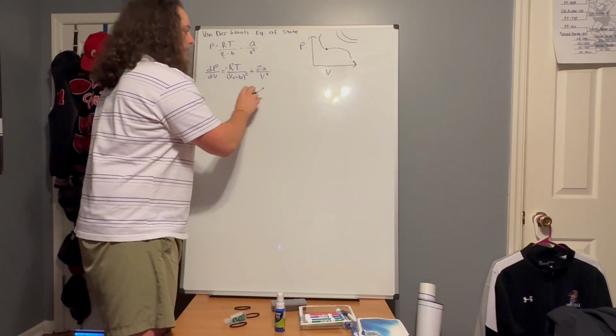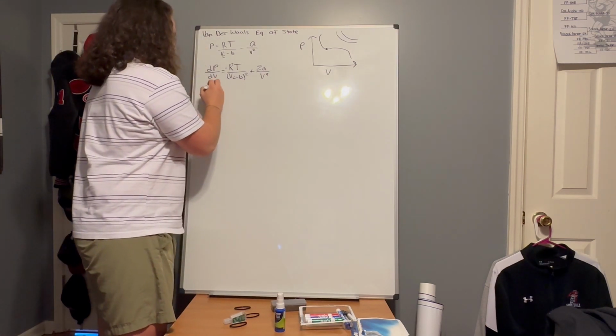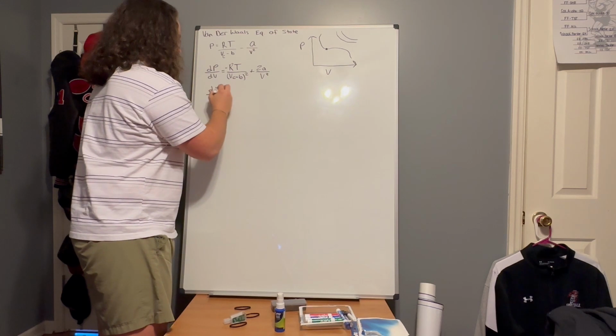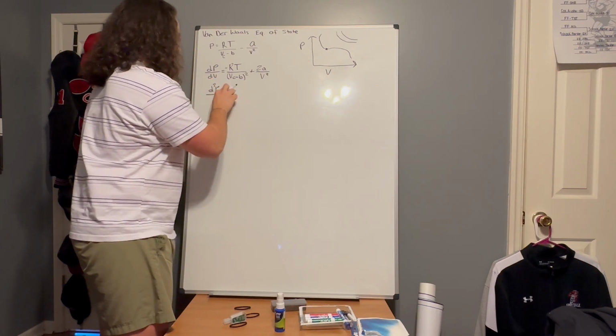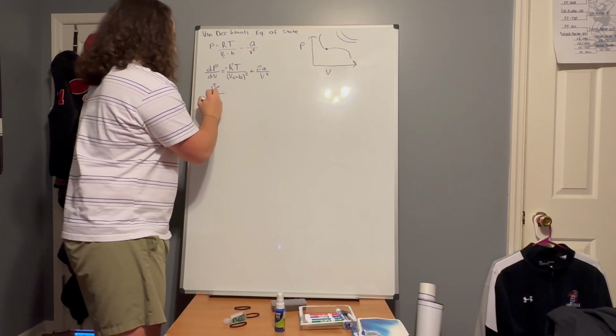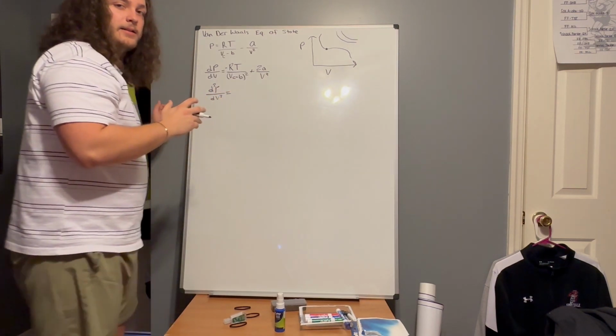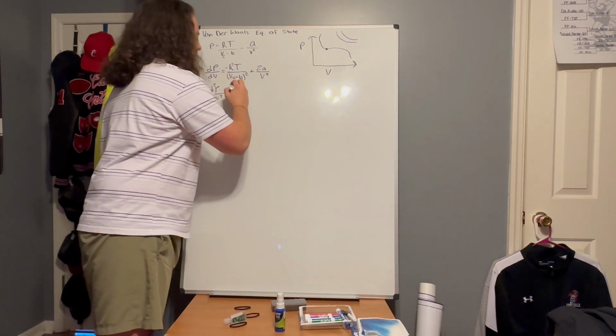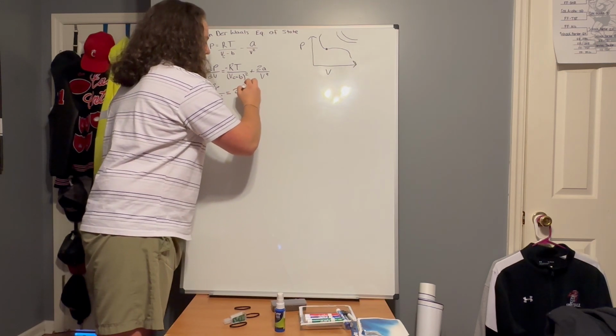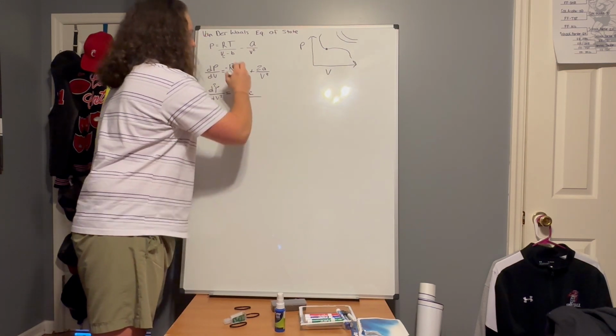Taking our second derivative gives us d squared P over dV squared, which is equal to 2RTC over (VC minus b) cubed, minus 6a over VC to the 4th.